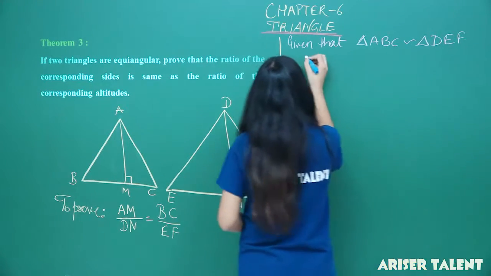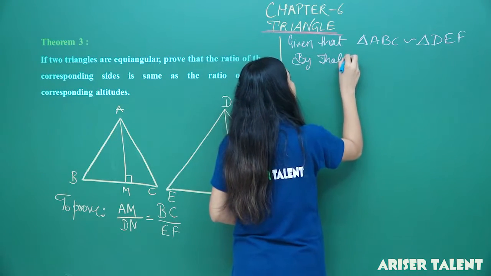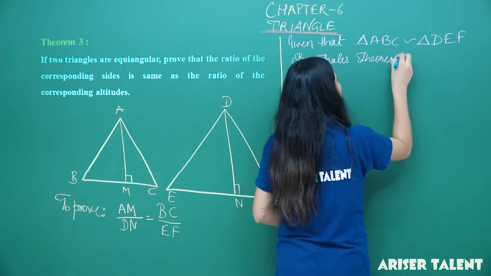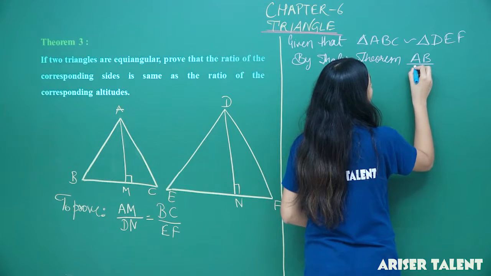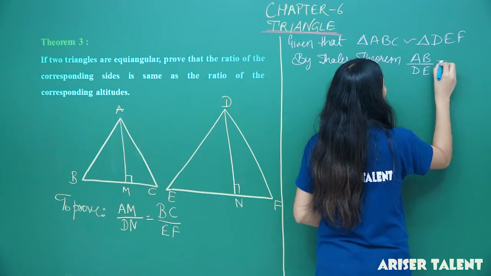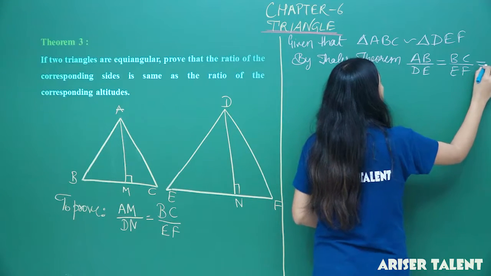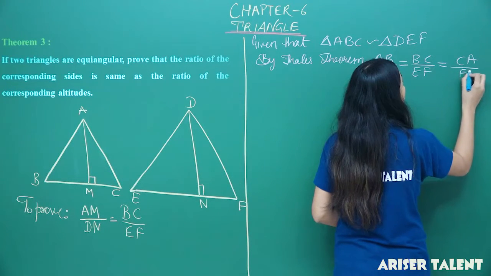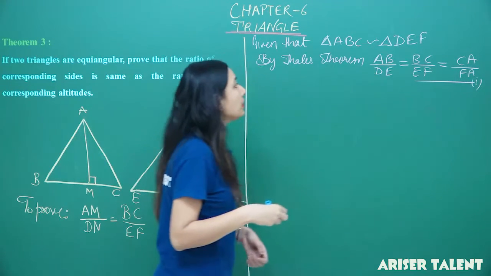Now by applying Thales theorem, what we can write is that AB by DE equals BC by EF, right, and equals CA by FD. Now mark it equation 1. We are going to use it further.